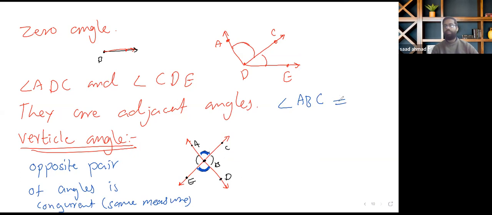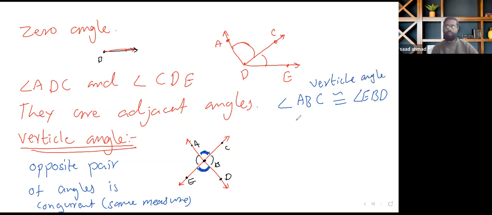So let's say we look at this angle ABC. This is the symbol for congruent. Angle ABC is congruent to angle EBD, because B is the vertex. So these angles are congruent, plus they are also vertical angles.